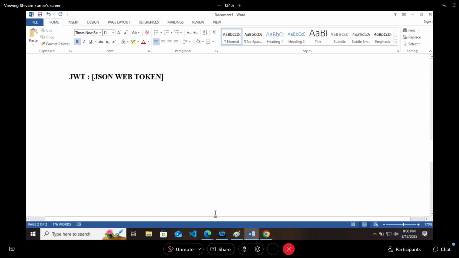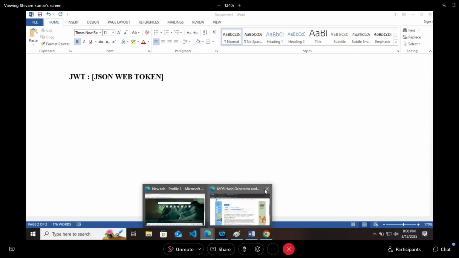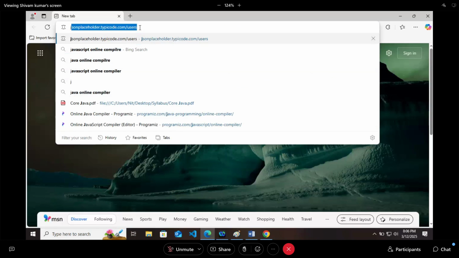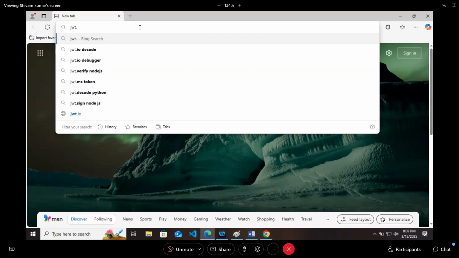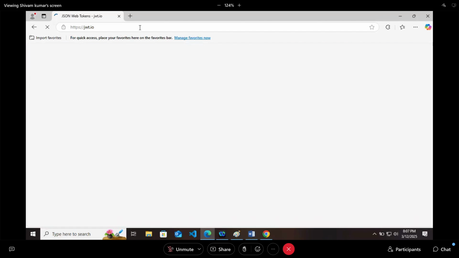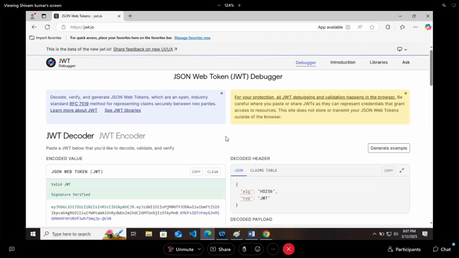If you go to the official website of JWT, that is jwt.io, you will see something like that, and they are using the RFC 7519 standard.